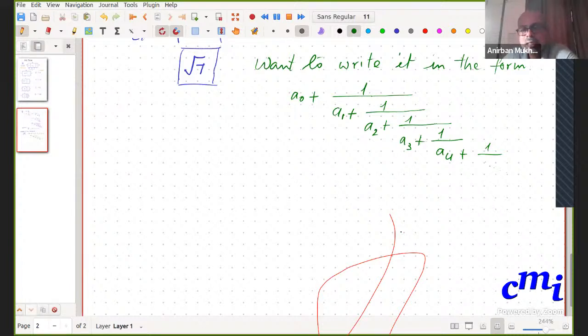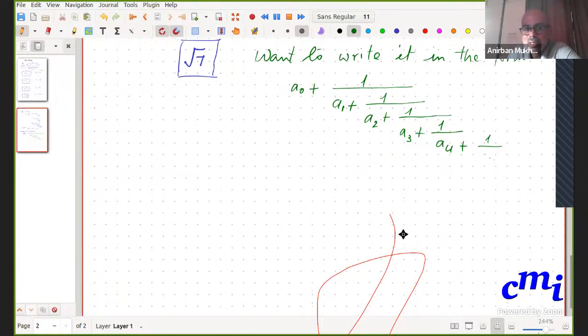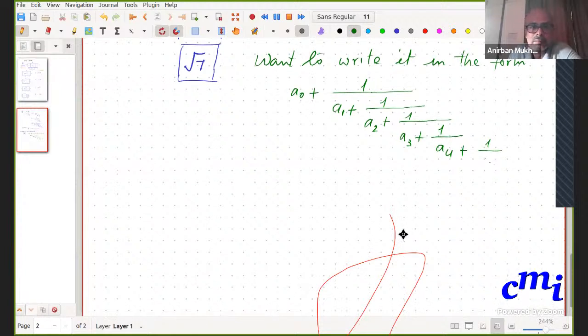It can be done for any irrational number. So square root of 7 is an easy irrational number, so to say. It's just a root of a quadratic equation. You can do it for much more difficult irrational numbers, even for what are called transcendental numbers. So we'll see that later. Yeah. So we need to develop some theory for that. So that's a very important application of continued fractions. Okay, so let's just start with this example to see what happens.